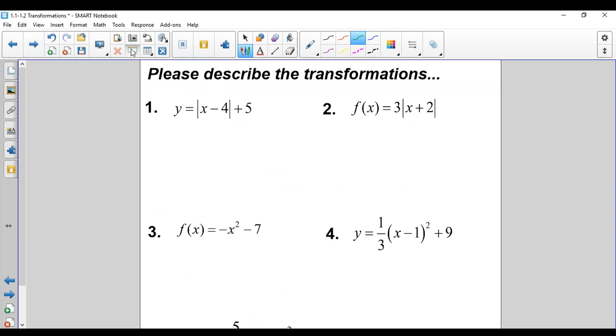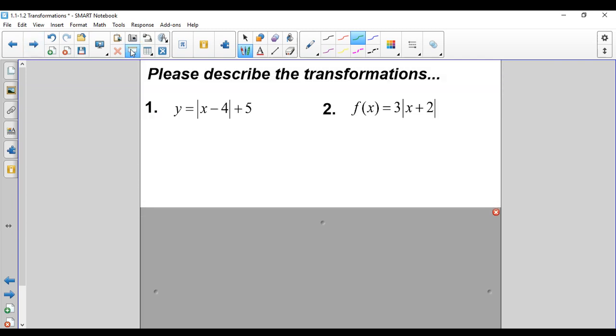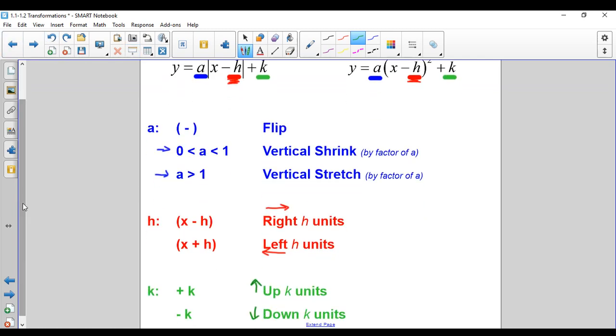So all I want you to do is describe the transformations for me. I'm going to give you a function, and we're just going to describe the transformations. I just read it left to right like I read a book. I don't have any a value out front. It would be right here if there was one, but there's not. Inside here, it's x minus 4. x minus h is what we're dealing with here.